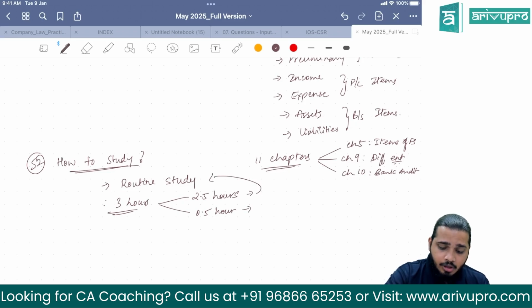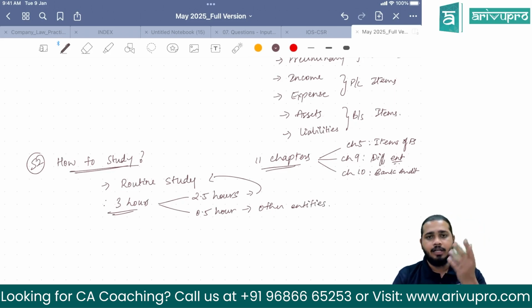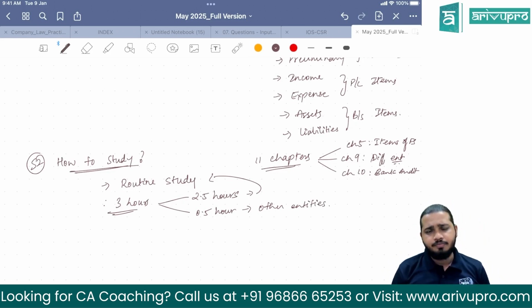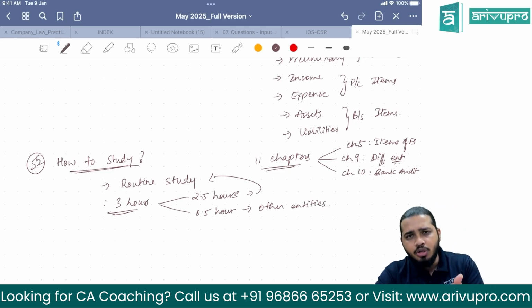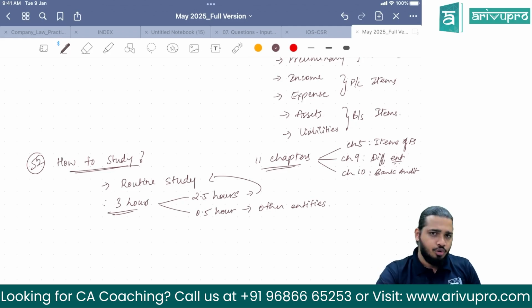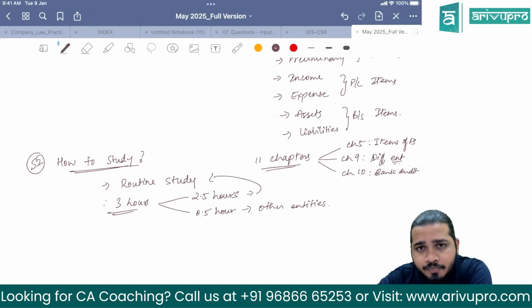For half an hour you take other entities. Now how will you take them? Every day one entity. Clear? Today you do hospitals, tomorrow you do movie theaters, day after tomorrow you do NGOs, then educational institutions. This way there won't be too much stress on your head when it comes to chapter number 9.